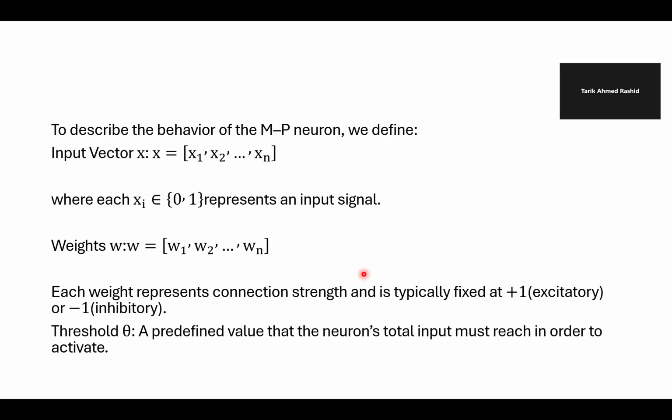Now, if a weight is positive, that is excitatory, and if a weight is negative, that is inhibitory. There is also a threshold, a predefined value that the neuron's total input must reach in order to activate.